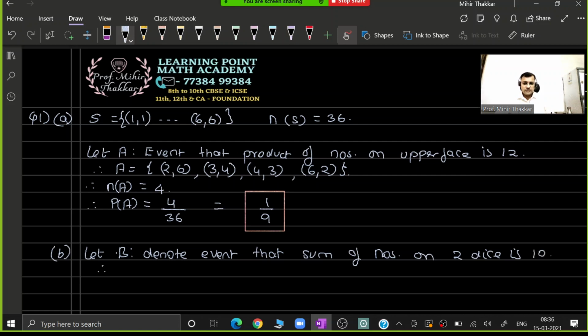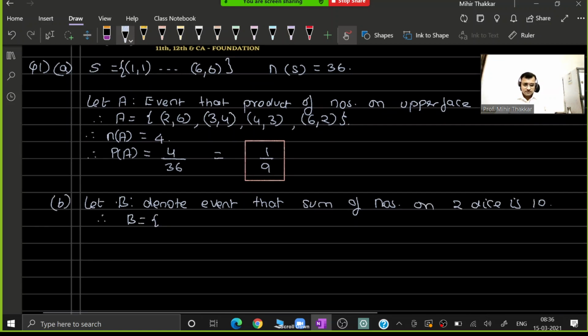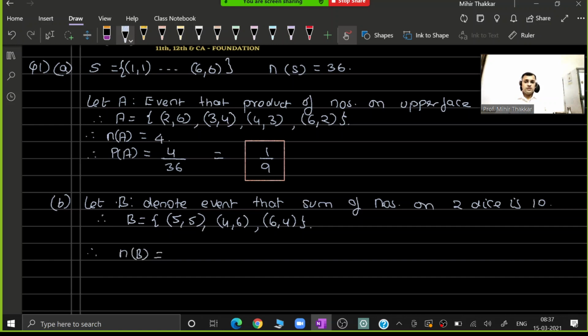So the outcomes that event B will be consisting of are 5, 5, 4, 6, and 6, 4. Therefore, your n of B value is equal to 3. This is 3 by 36, or you can also tell it as 1 upon 12.